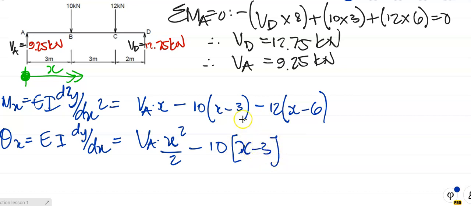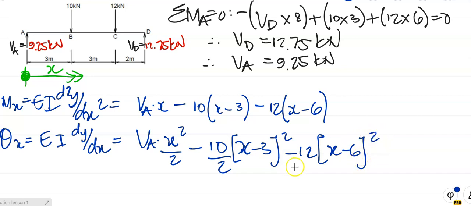If I integrate that as a variable on its own, it's going to be squared over 2, minus 12. Notice I'm using a square bracket, and x minus 6, I'm keeping that as a single variable. So of course that's going to be squared over 2. And out of that first integration there will be a constant of integration, and we're going to call it C1.